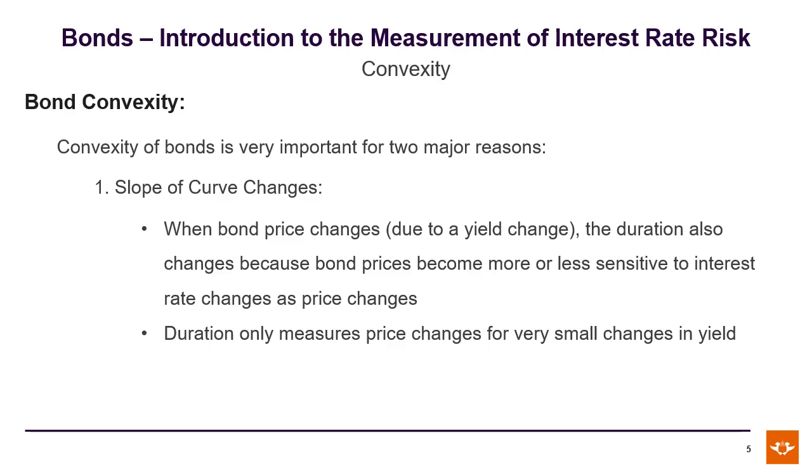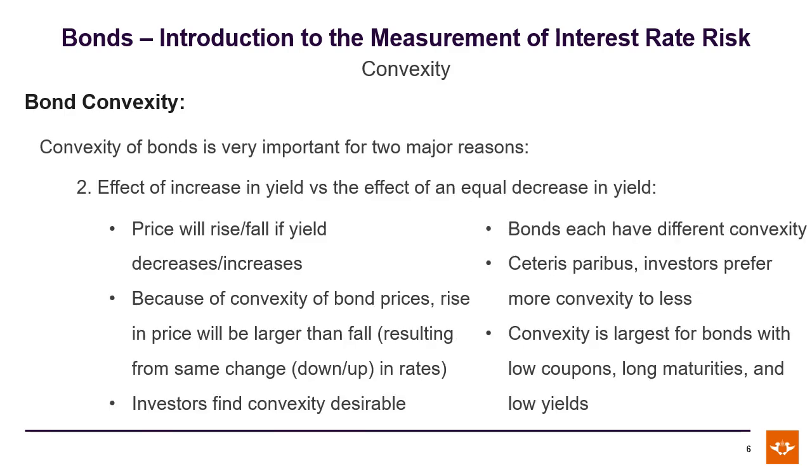The second reason for convexity being important is that bond prices respond differently to increases in yield than to an equal decrease in yield. Because of the convex nature of the yield curve and the flattening out at the bottom, bond prices increase more when yields fall than they decrease when yields rise by the same amount.